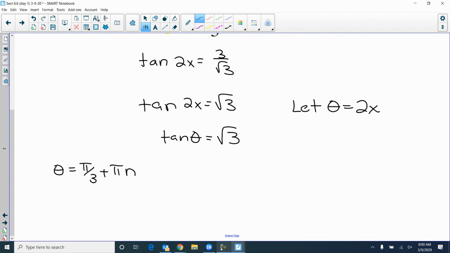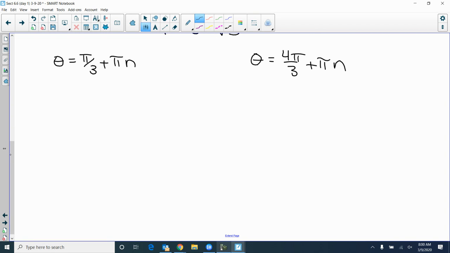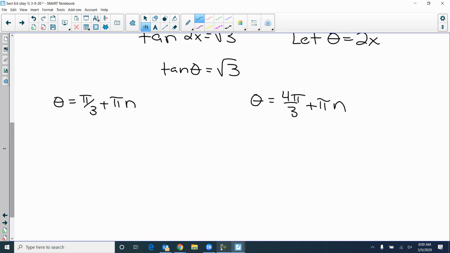And our other answer was theta equals 4 pi over 3 plus pi n. All right, what's going to happen here with tangent? We talked about this earlier, but it's been a little while. What happens when you add pi over 3 and you add pi to it? What does it give you? Okay, what's pi over 3 plus pi equal? Andrew? Equals 4 pi over 3.